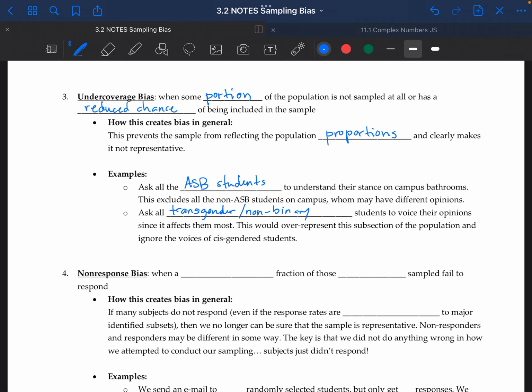So let's get their opinions because their opinions matter. And it's true, their opinions do matter. But that overrepresents that particular population, and so you're not getting the voices of some of our cisgendered students at all. That is not reflective of the population. So it seemed like a really good idea, but it's actually a bias that is included in your survey.